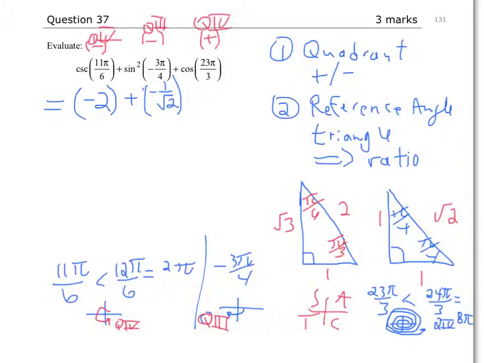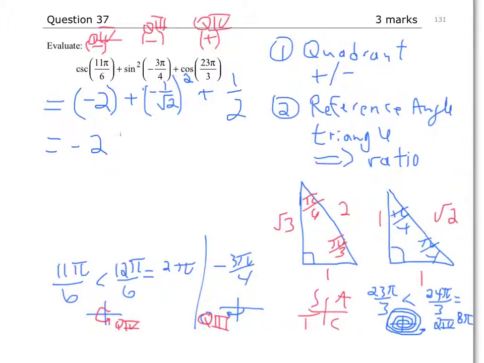So we need to square this particular value. And lastly, cos of 23 pi over 3. Again, the reference angle of pi over 3. And we're doing cos of pi over 3. So that is 1/2.